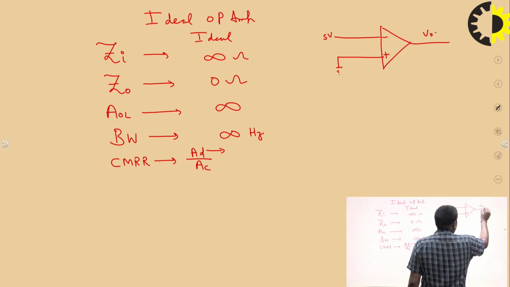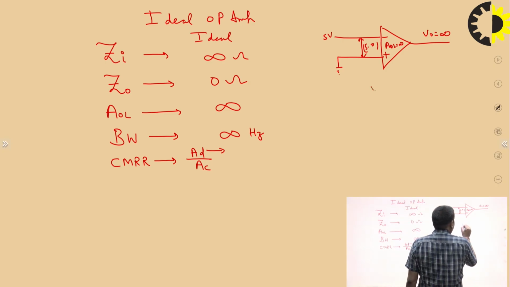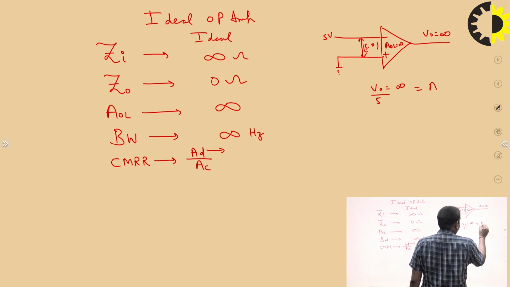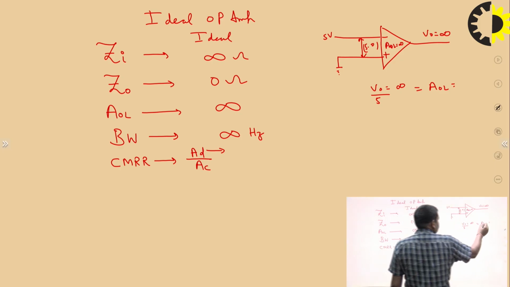The output should be infinite because this op-amp is an ideal one, having open loop gain infinity. What is the difference input? 5 minus 0. So what is the output upon input ratio? Output is infinity and the input is 5 volts. So what is the gain? Gain should be infinite. So this is the difference mode gain.